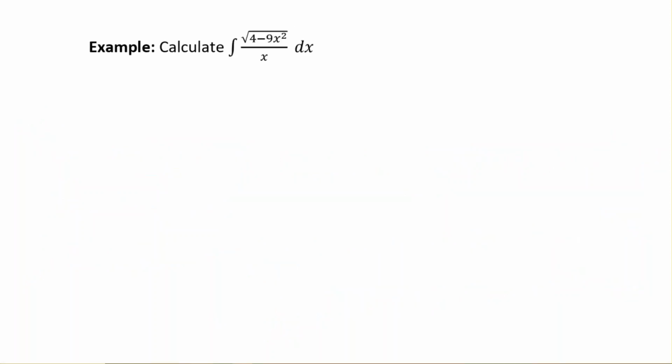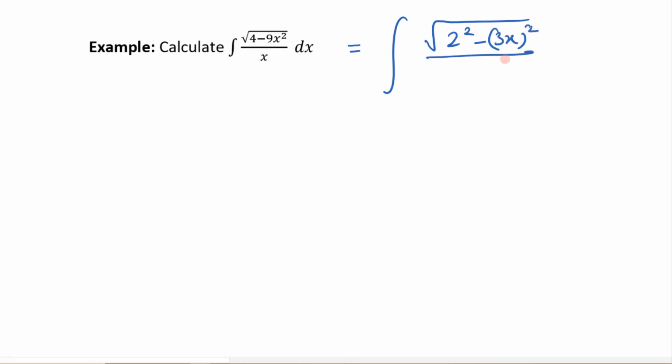In this next example, we have the integral of square root of 4 minus 9x squared divided by x dx. The first thing we notice is that this integral has a factor of the form square root of 2 squared minus 3x whole squared, divided by x dx.